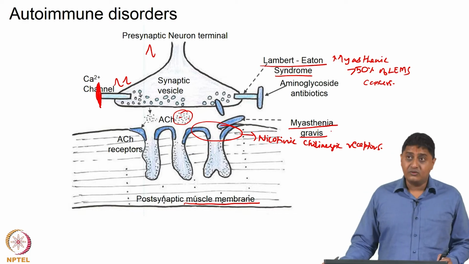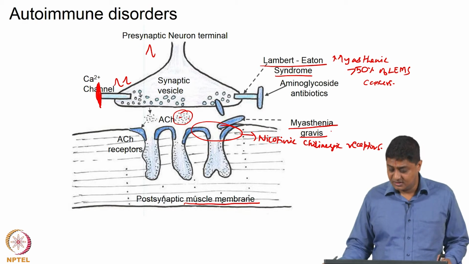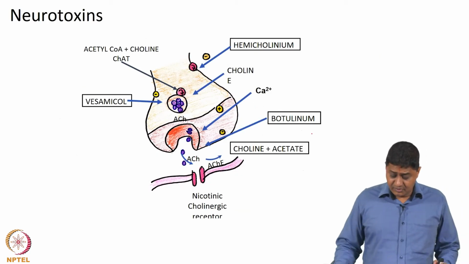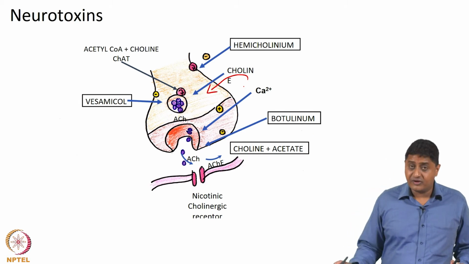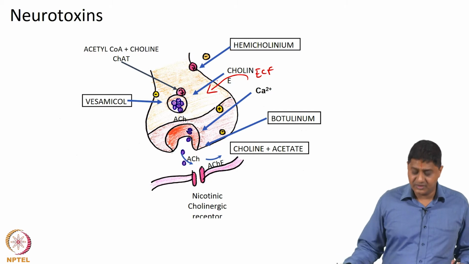Now, let us discuss the role of neurotoxins and how they affect the function at the neuromuscular junction. There are several places where this can happen. Let us remember choline is entering the system from the extracellular fluid to the presynaptic terminal via the choline reuptake system.